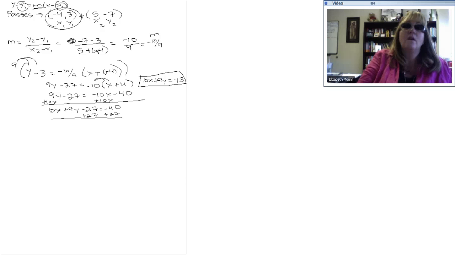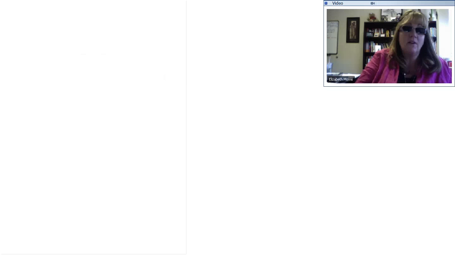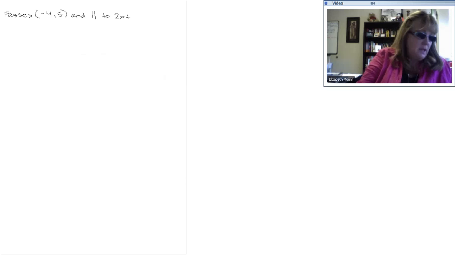Okay. Let me show you another scenario that could happen. What if you are given, find the equation, and we're going to tell you that it passes through (-4, 5) and is parallel, that's the symbol for parallel, to 2x + 3y = 6?